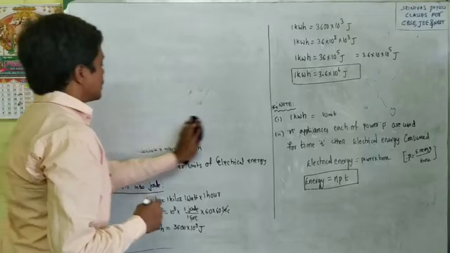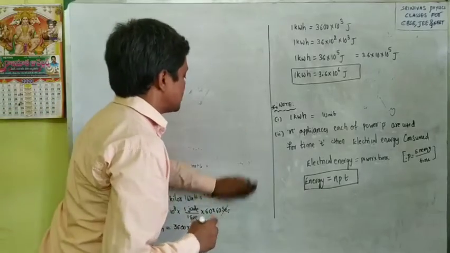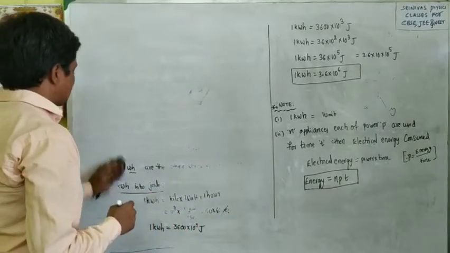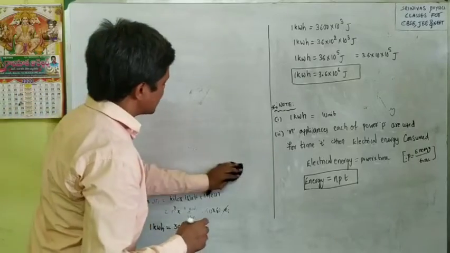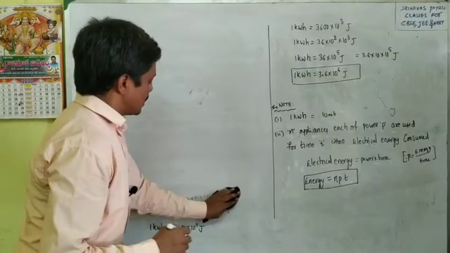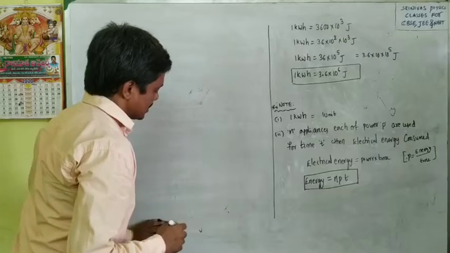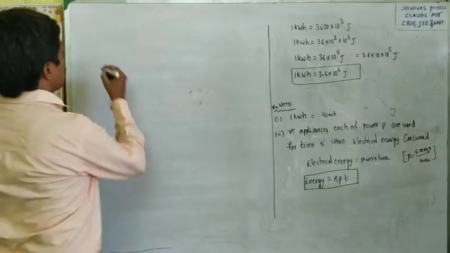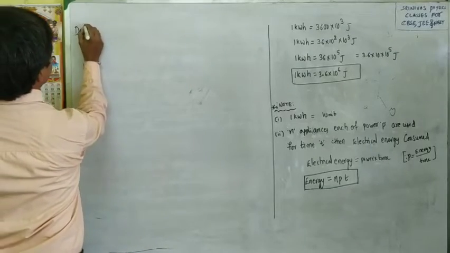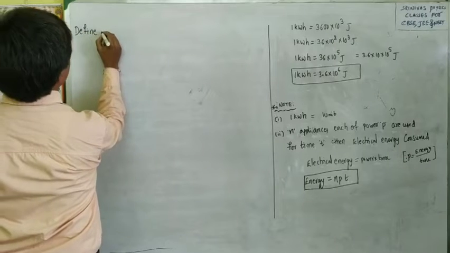How to define the watt hour? What is the definition of watt hour? Is watt hour the unit of energy or power? Tell me, what is the unit of watt? Watt is the unit of power. Define 1 watt hour.